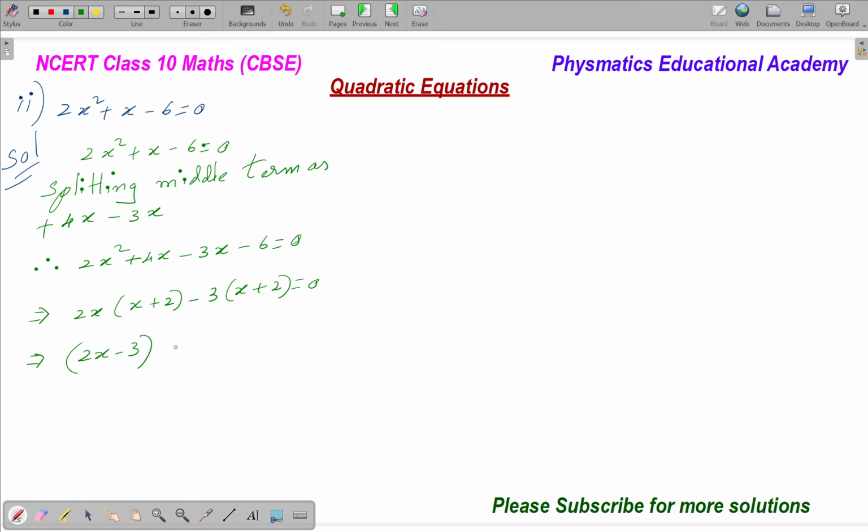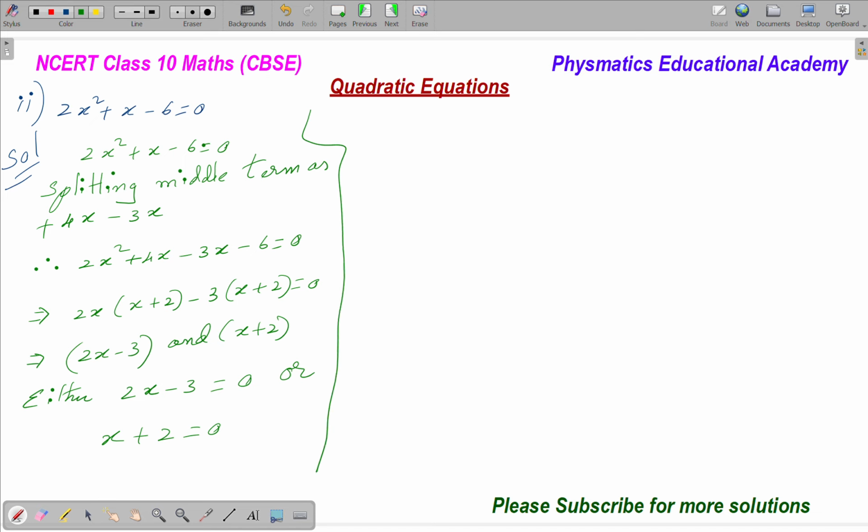That implies 2x minus 3 and x plus 2 are roots of the quadratic equation. Now either 2x minus 3 is equal to 0 or x plus 2 is equal to 0.